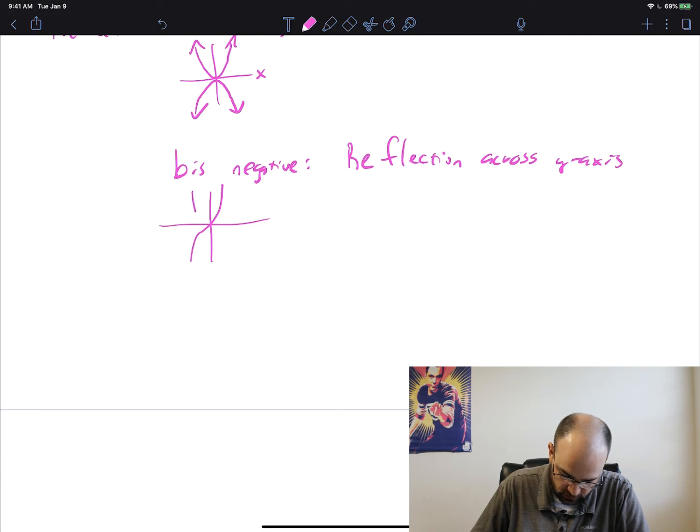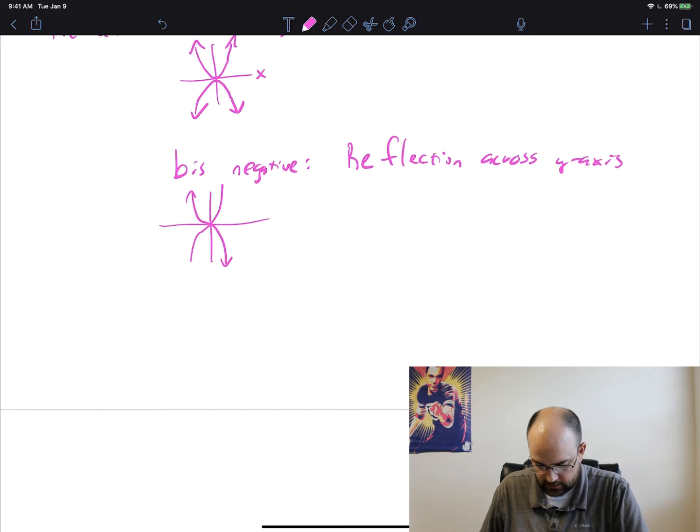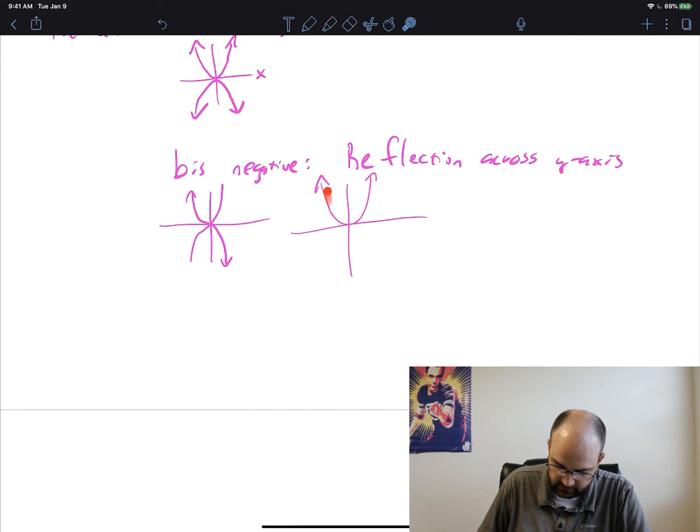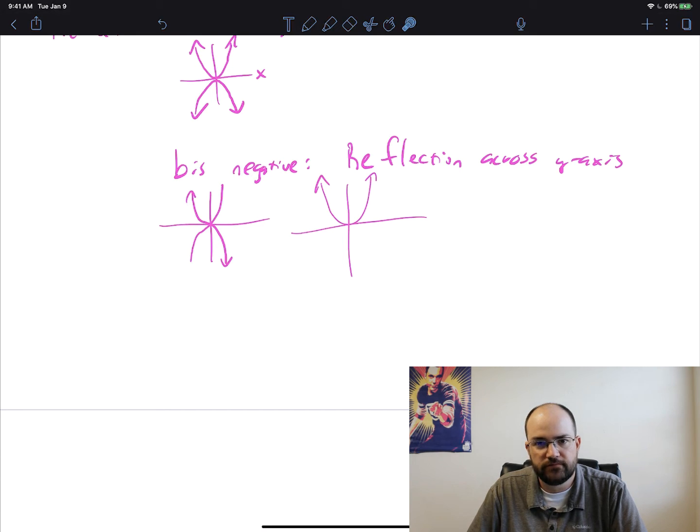So this would look more like this. And so there you go. That would be the reflection across the y-axis if b is negative. Now notice though that if you have a quadratic, if I reflect this across the y-axis here, that is actually its own reflection. So sometimes negative doesn't really change a whole lot if it's in front of the b.